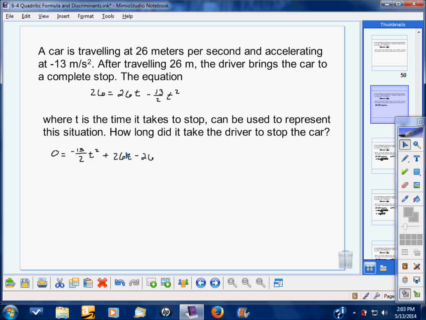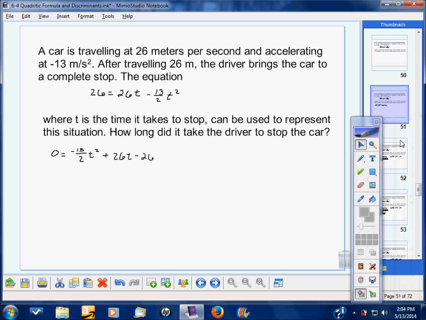The 26t is already here, but when you have a quadratic equation, you always have the part with the squared first. So this is negative 13 halves t squared plus 26t minus 26. The only thing that happened to go from here to here was subtract 26 and reorder it a little bit so that it looks a little bit nicer.